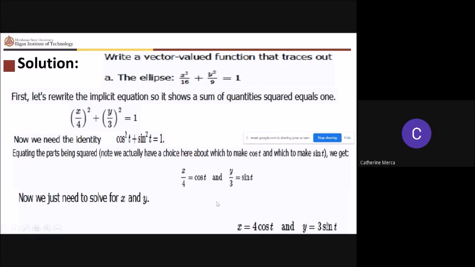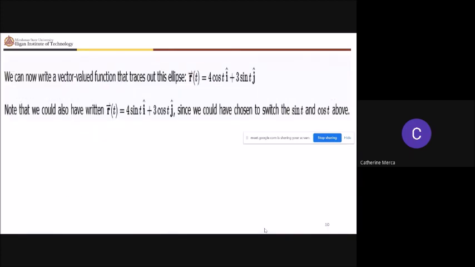We can now write a vector valued function that traces out the ellipse: r of t equals 4 cosine t i plus 3 sine t j. You could also have chosen to switch sine t and cosine t, so it can be rewritten as 4 sine t i plus 3 cosine t j.